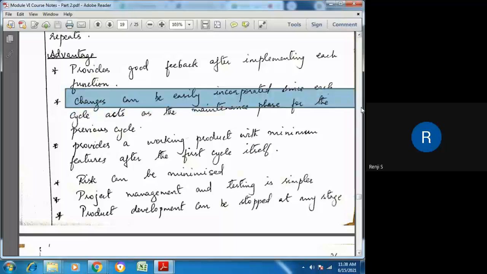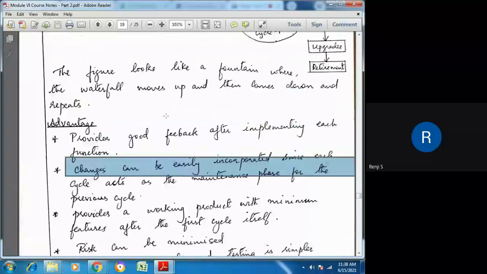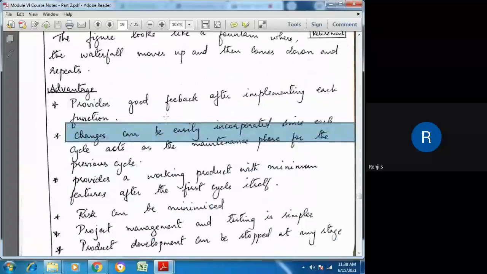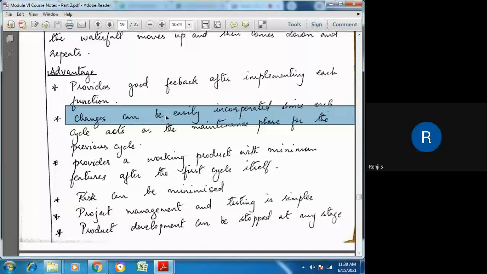If any change is requested by the customer in between, those changes can also be accommodated. But this cannot be done in the waterfall model, because once all requirements are fixed in the first step, only those requirements will be carried out till the end. So in between, if the customer requests any change, that cannot be done in the linear model, whereas in this model, the changes can be incorporated.